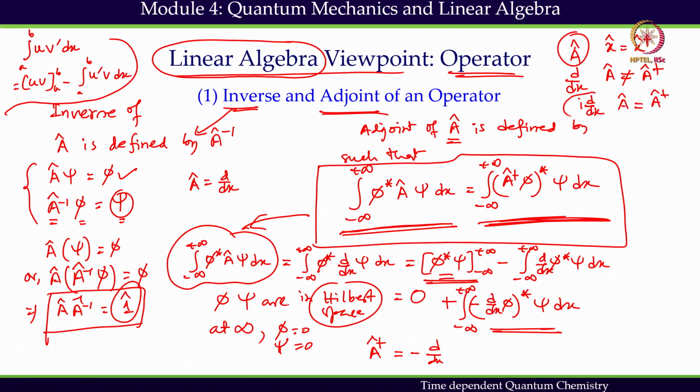With this idea, what we are seeing is that the adjoint can be found analytically with this integration, and one can find different operators and what their adjoints would be. Sometimes I may have a situation where the adjoint is equivalent to the operator itself. We will stop here, and we will continue this session in the next class.